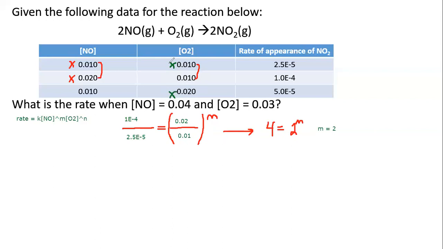Because notice here, oxygen changes, but NO is constant. So that's going to cancel out. That's going to simplify our calculations. So again, the first one was NO we worked on. The second one is O2.